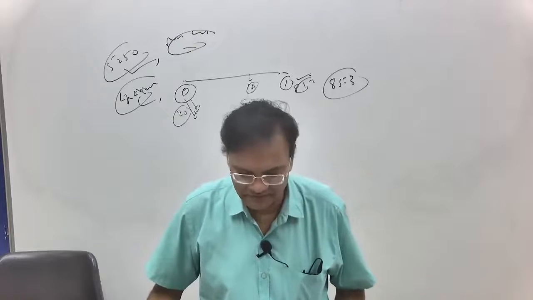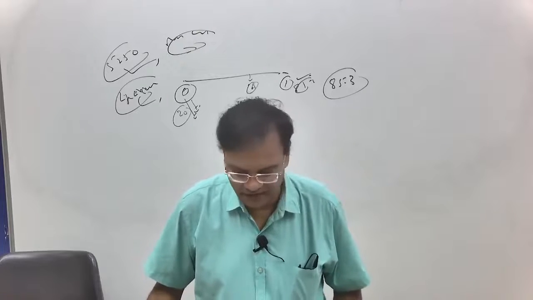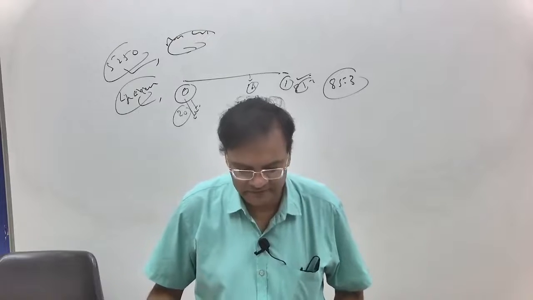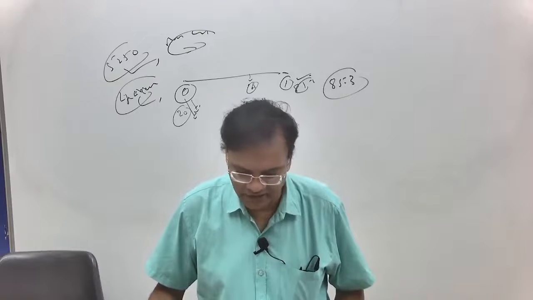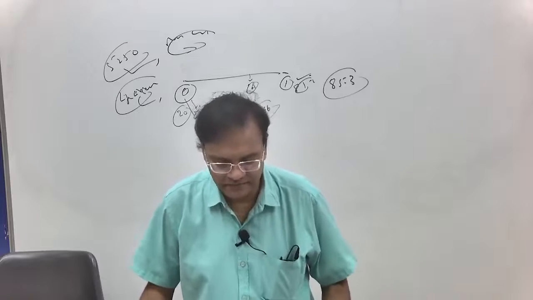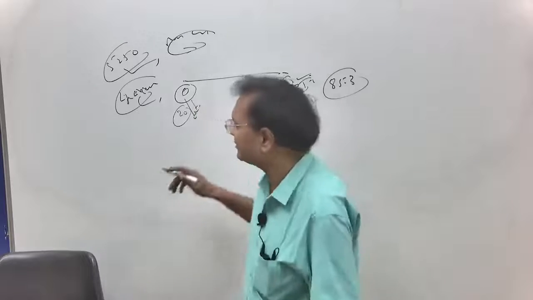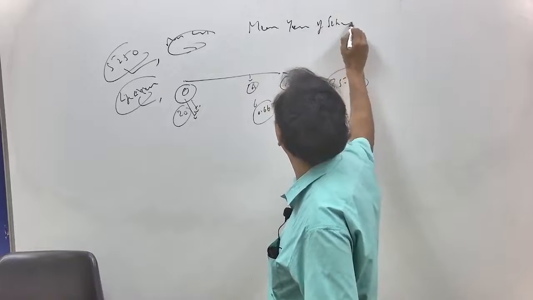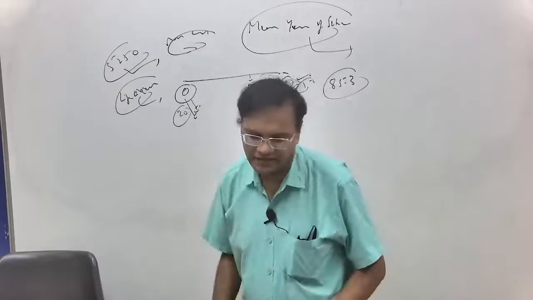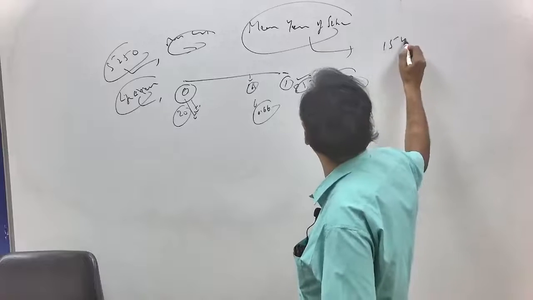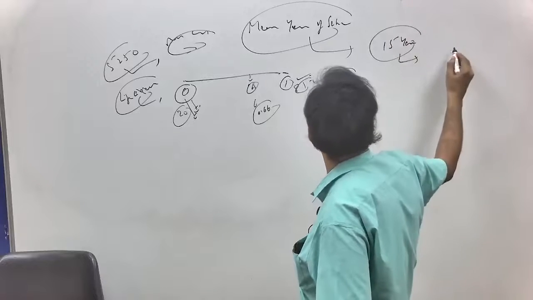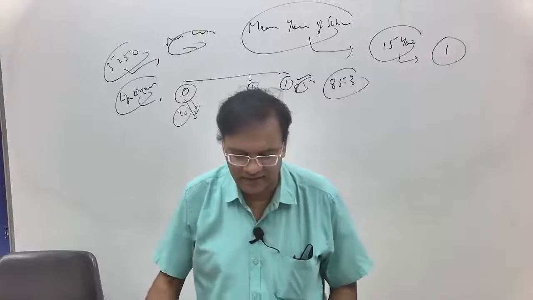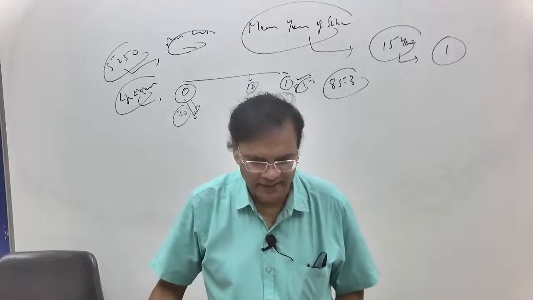Similarly, education. We have said it is taken on 2 parameters: the mean years of schooling and expected years of schooling, right? For example, mean years of schooling. It is said that if 15 years is the average number of years of schooling, it is called 1.